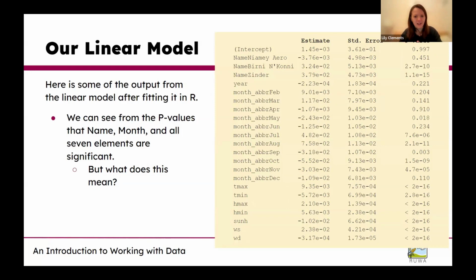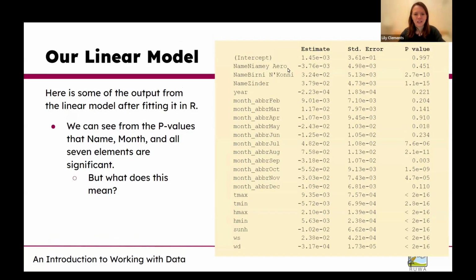Of course, I invite you to go through this and have a little look at this in more detail, and to really scrutinize this and dig into it yourself as well. See, if you were to look at this data, how much that aligns with this model. For example, we're seeing here that Niamey Aero, one of our stations, is not very different to what we've given as our control station.